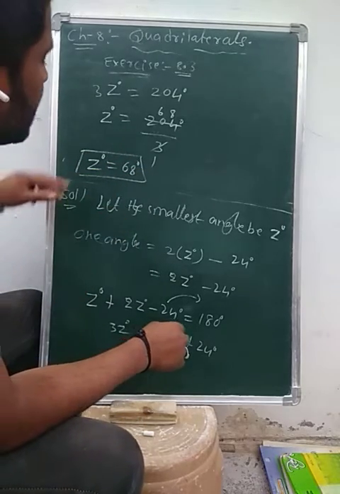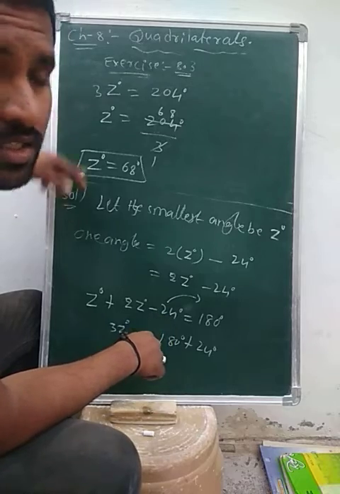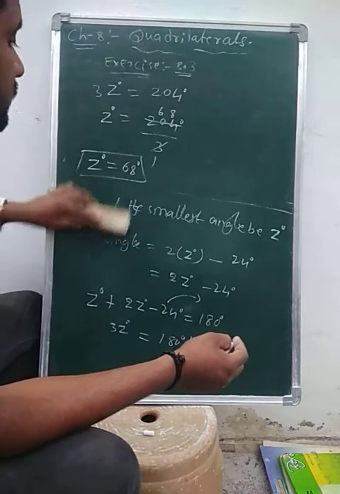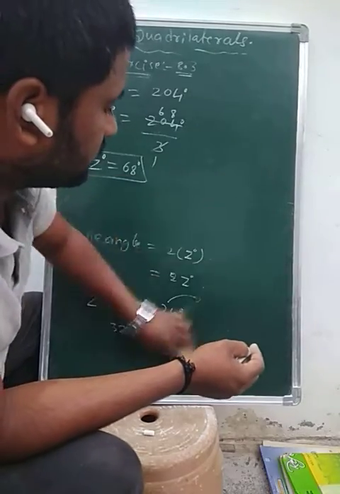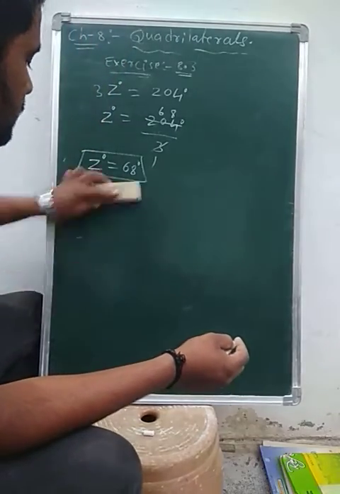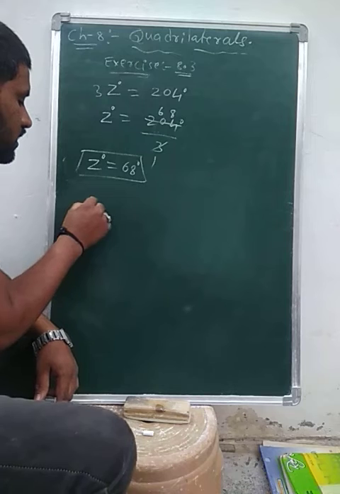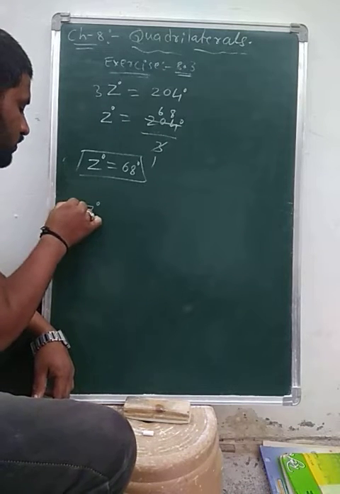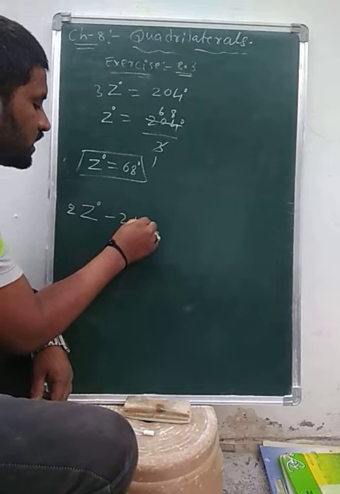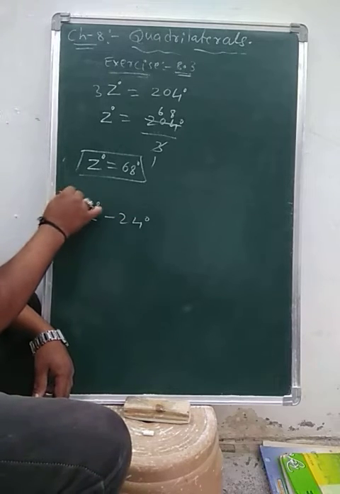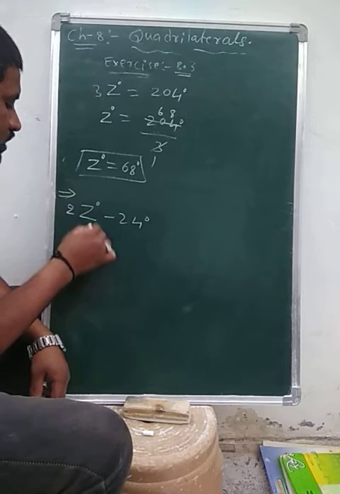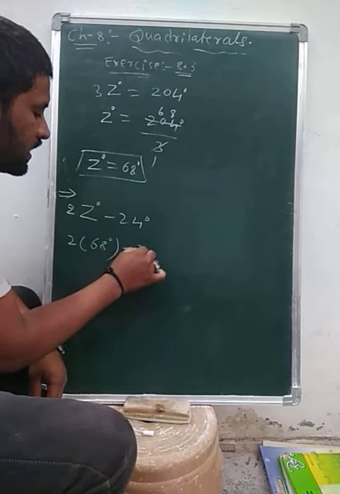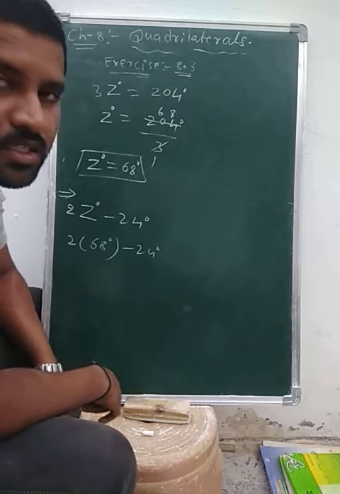So the smallest angle is 68 degrees. Then what is the other angle? The other angle is 2 of z degrees minus 24 degrees. So that is 2 into z degrees, that is 68 degrees, minus 24 degrees.